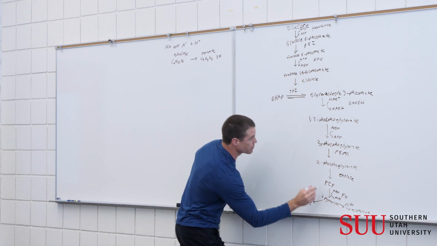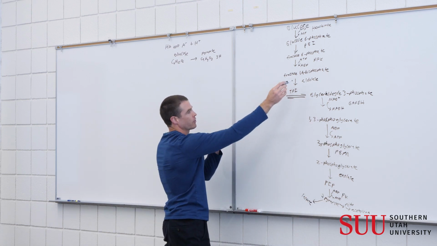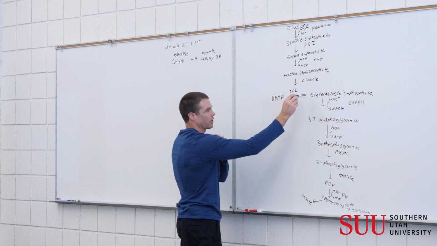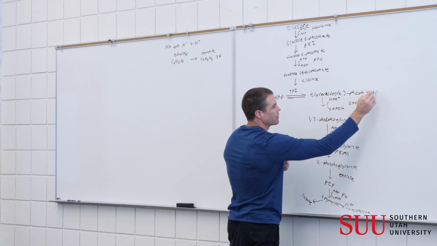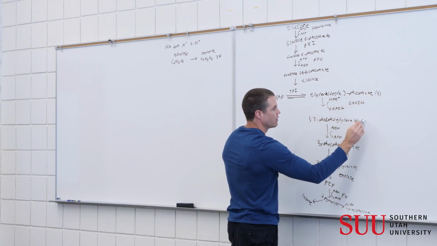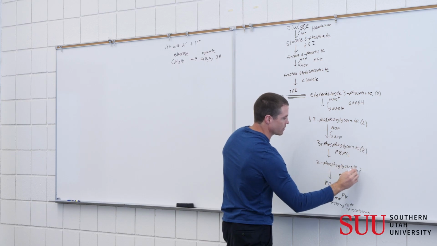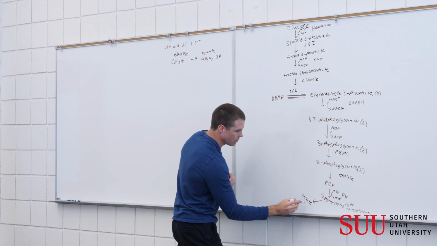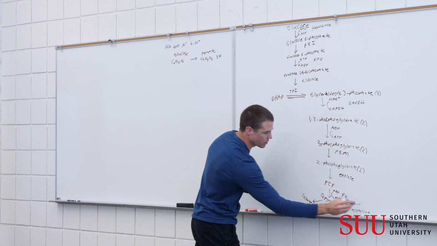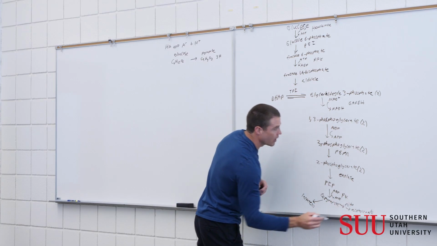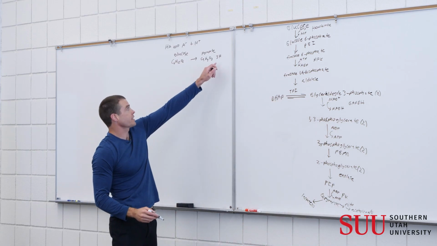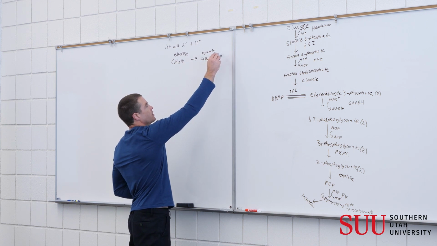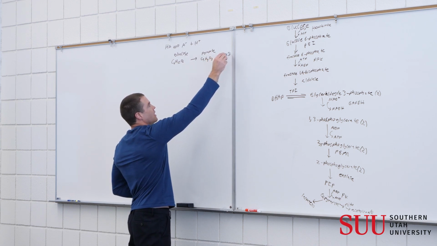This would be 2 pyruvates, because remember we broke this in half with aldolase. So there's going to be dihydroxyacetone phosphate, and then it's going to make glyceraldehyde 3-phosphate. So you would actually be getting 2 of every one of these. And then, of course, the 2 pyruvates we already wrote here, which means you get 2 lactates or 2 acetyl-CoAs. Now, this accounts for the 3 hydrogens, but there's 2 of them, so times 2 is equal to 6 hydrogens.